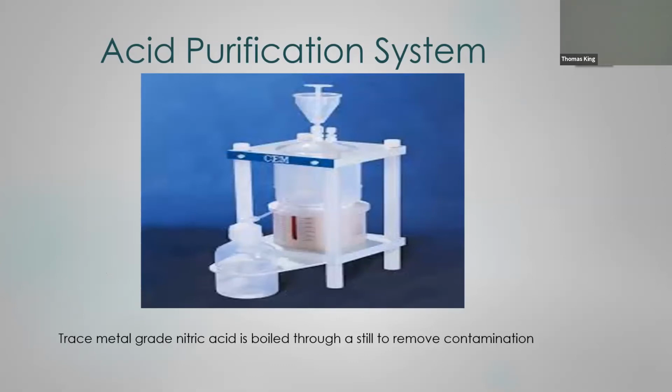By putting the trace metal grade nitric acid through the still, we're able to clean the acid and get an acid that's similar in grade to the optima grade. And it is much cheaper to clean our own acid than to buy the cleaner optima grade nitric acid. So this piece of equipment will save us a lot of money.